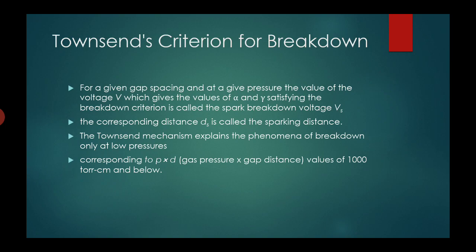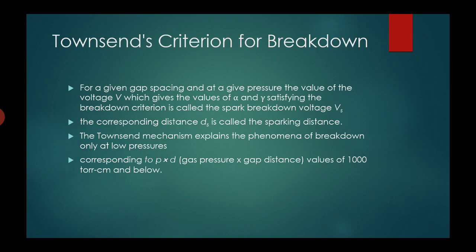The corresponding distance at which the breakdown occurs is called the sparking distance. And the Townsend mechanism that explains the phenomena of breakdown is only at low pressures. So the Townsend mechanism is applicable only for low pressures, corresponding to gas pressure and gap distance values of 1000 torr centimeter and below.